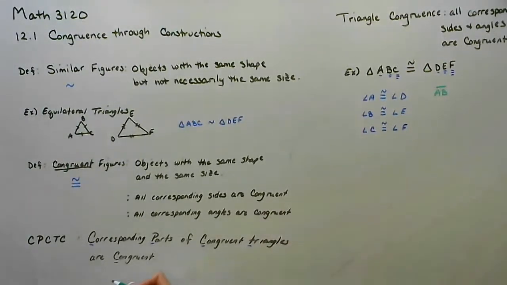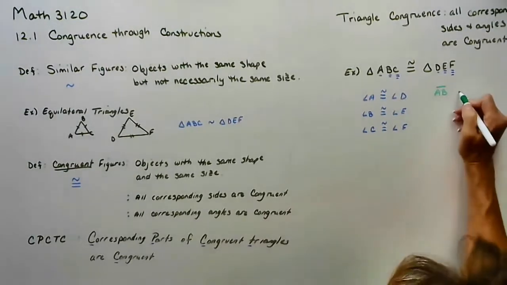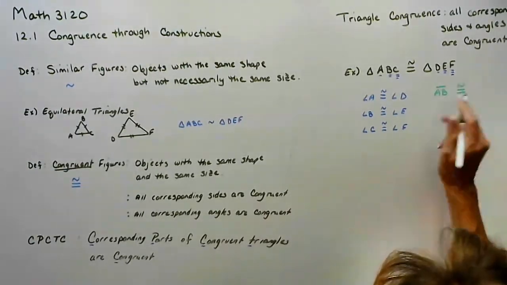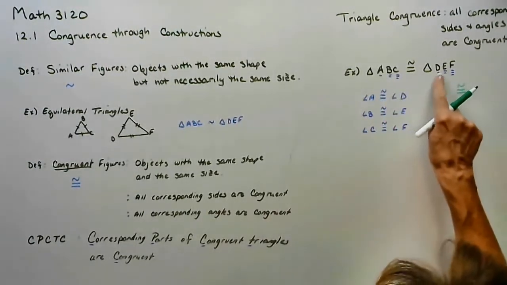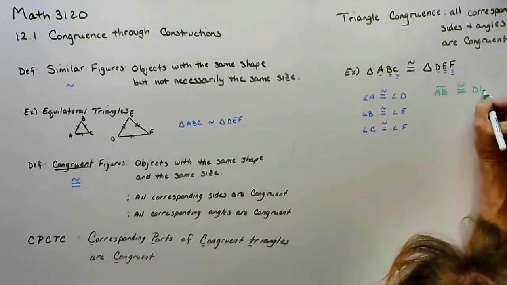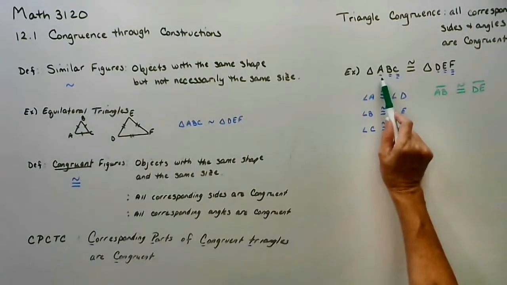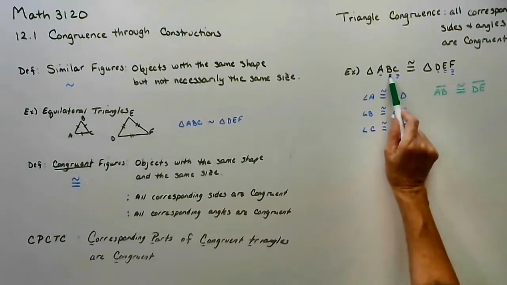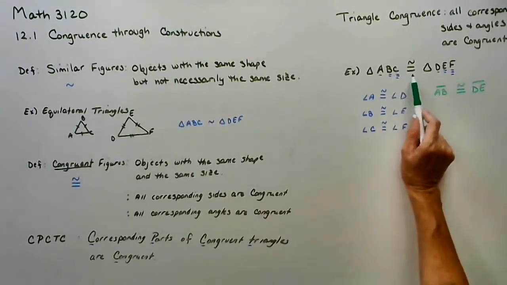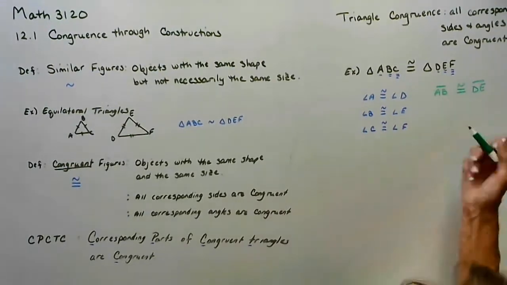So side AB would be congruent, A to B, D to E. Then on my triangle, if I've gone from A to B, now I'm going to go from B to C. So that would be congruent E to F.